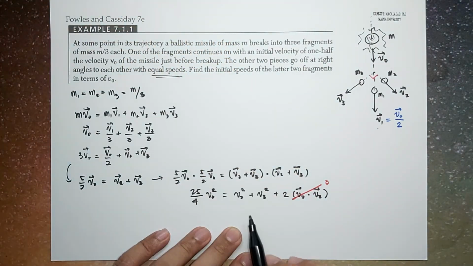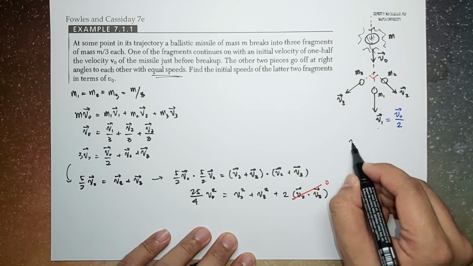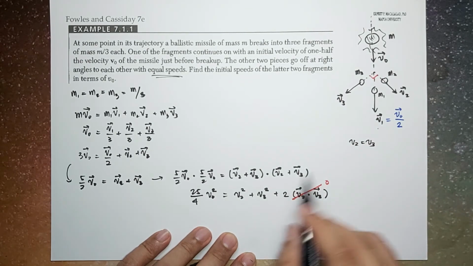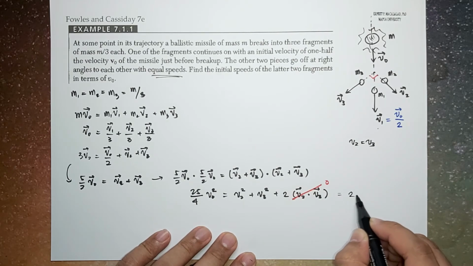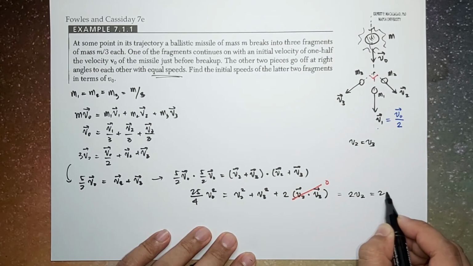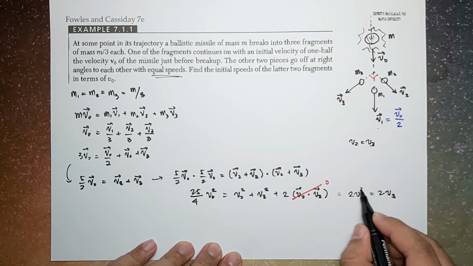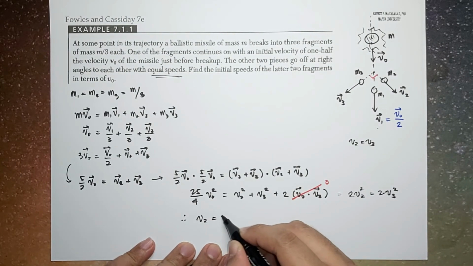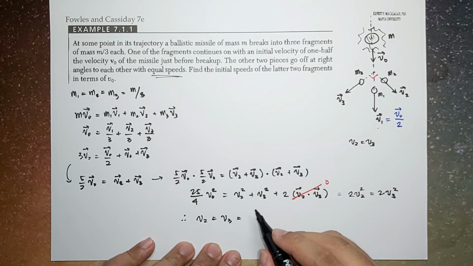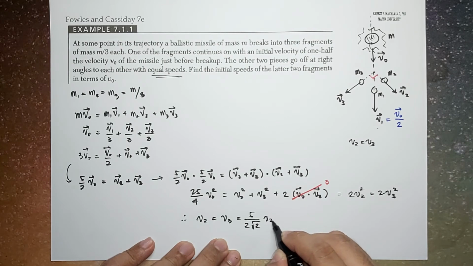And because V2 and V3 are the same, so the speeds are the same but the velocities are different, this will now be equal to 2V2 squared, or 2V3 squared, sorry, should be squared. So therefore, V2, which is the same as V3, will now be equal to 5 over 2 square root of 2 V naught.